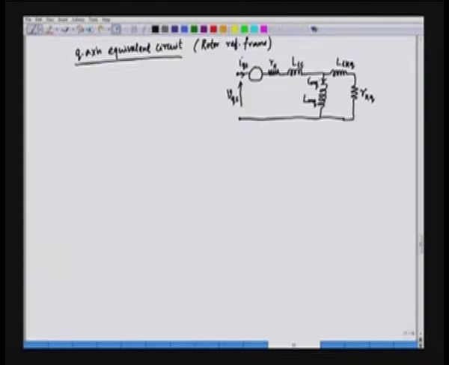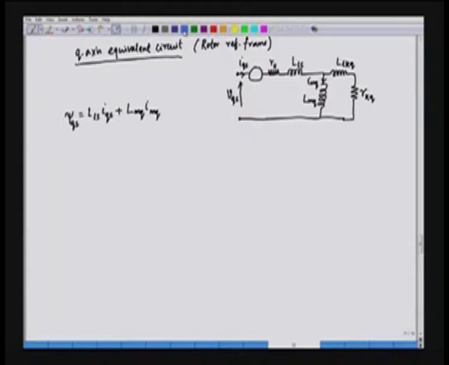So, if you want to find out the q axis stator flux linkage, we can do that by this equation. Psi QS is equal to LLS into IQS, the leakage flux, plus the magnetization flux, which is LMQ into IMQ.